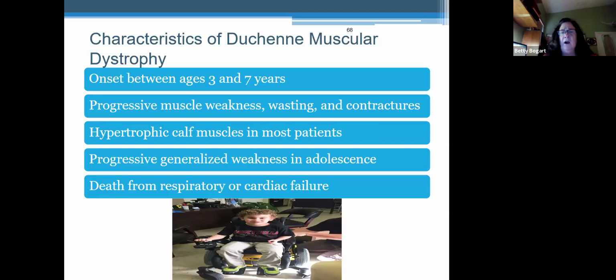These children are going to end up in wheelchairs. And usually, as a teenager, they're going to die from either respiratory or cardiac failure. Remember, it's muscular dystrophy. The diaphragm's a muscle, it stops working. The heart's a muscle, it stops working.